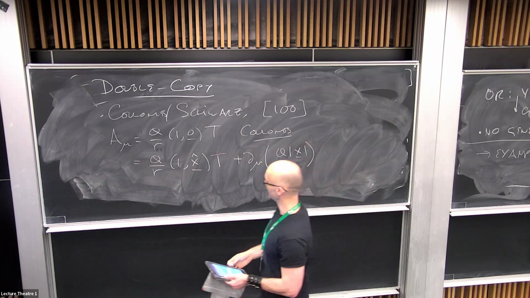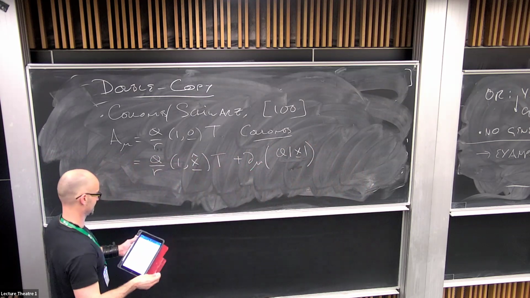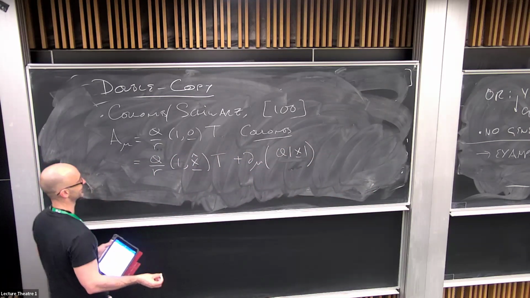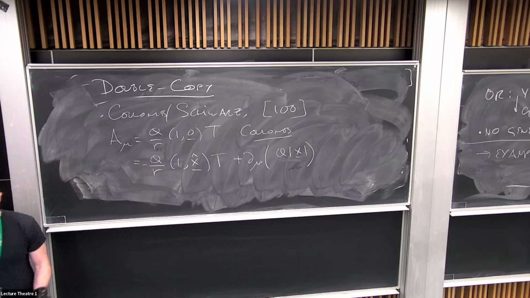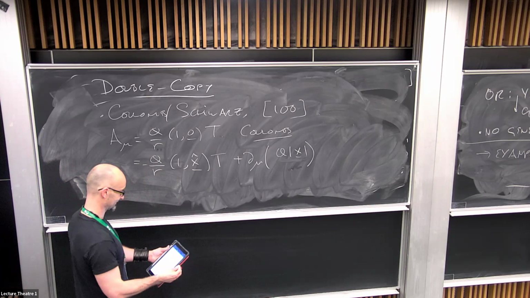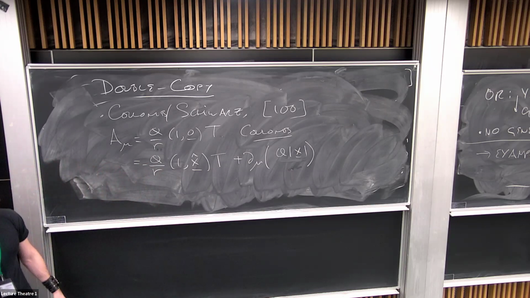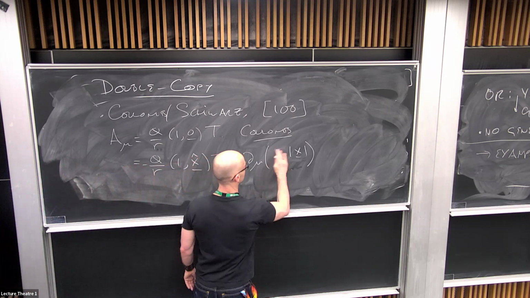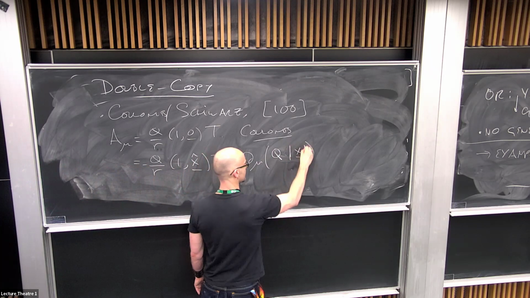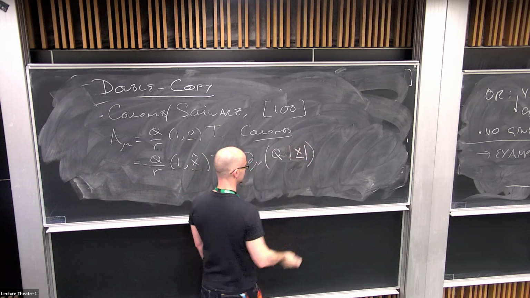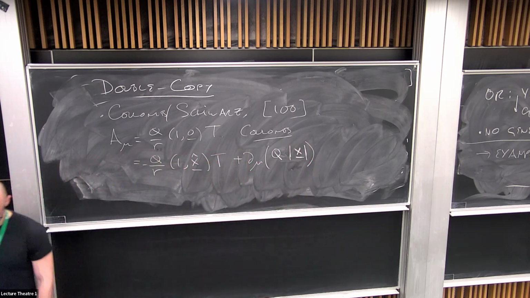And somewhere I've missed a minus sign. Let's put a minus sign in there. There you go. No, sorry, that is just that same charge q, and that is mod x. I feel like I've done something stupid.